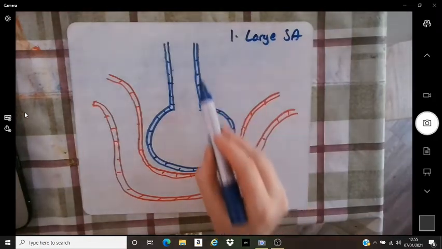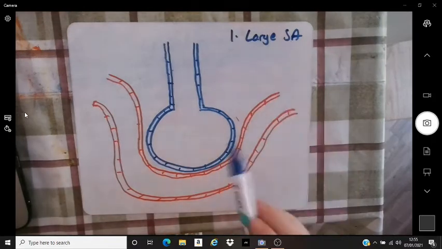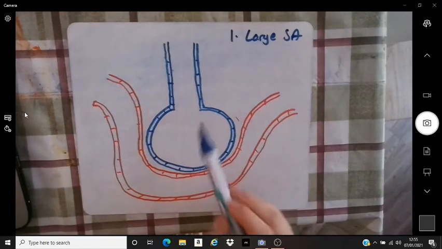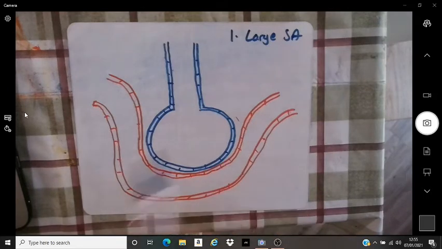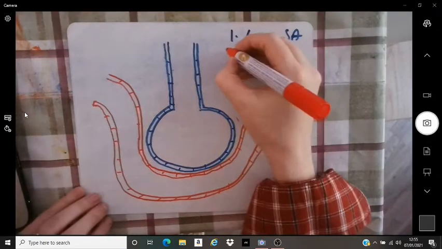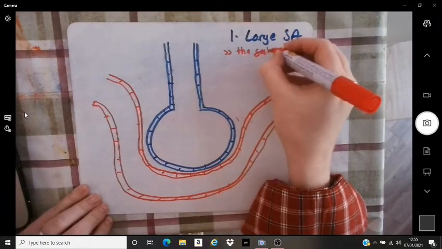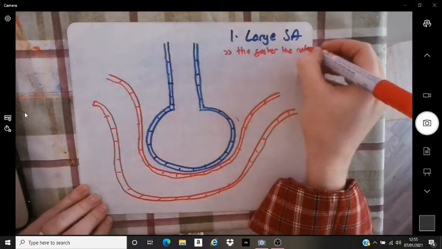The fact that this ends with a large ball shape gives it a much higher surface area than if it stayed as a single tube. The bigger the surface area, the more spaces for molecules to diffuse. So we say in an exam, the faster the rate of diffusion.